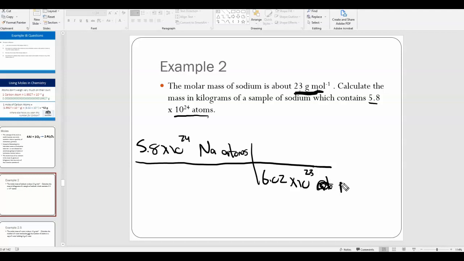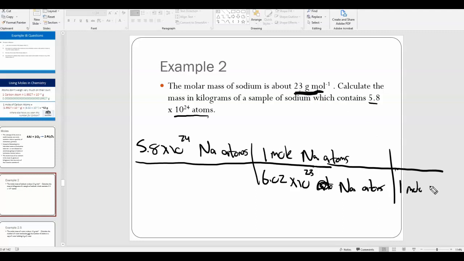So if I have 6.02 times 10 to the 23 sodium atoms, by definition, that is 1 mole of sodium atoms. The reason I am converting to moles is because I know the conversion factor in terms of grams per mole. So 1 mole of sodium atoms has a mass of 23 grams. And then once I get into grams, I can get into kilograms just by dividing by 1,000.